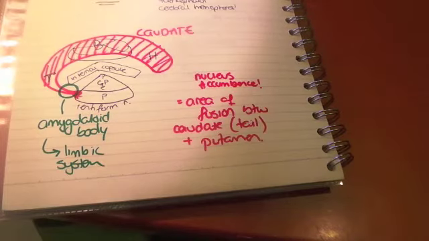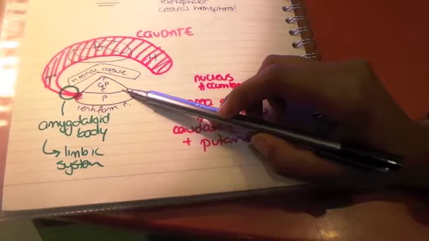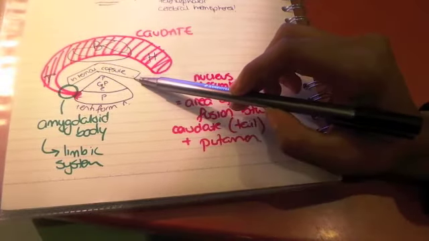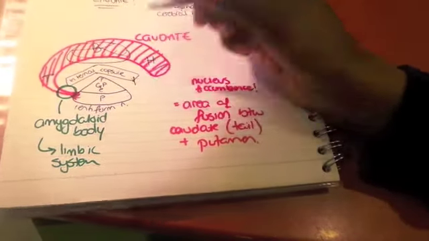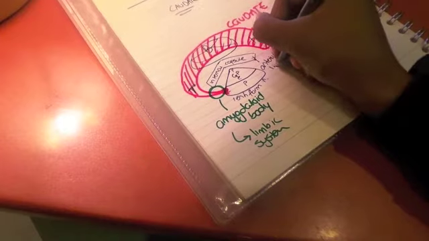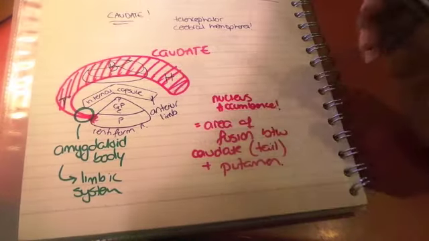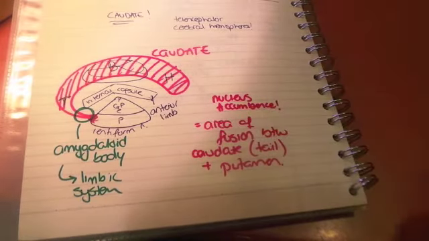Now, as we can see here, the head of the caudate is separated from the lentiform nucleus by the internal capsule, and more specifically, the anterior limb. Let me just write that down. Anterior limb is what separates the head of the caudate from the lentiform nucleus.